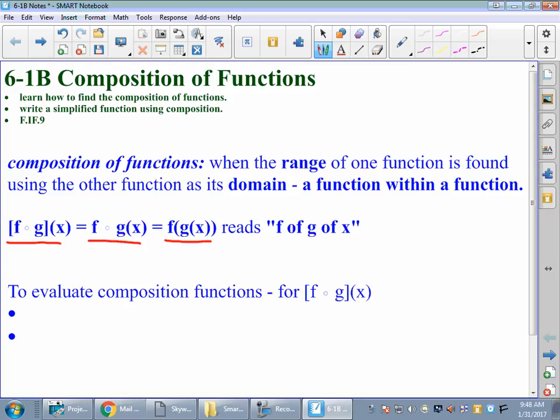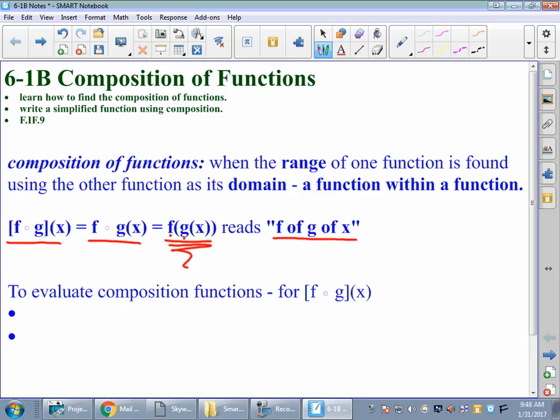So I get rid of the open circle altogether, and in that particular notation here, you can actually see that you're going to evaluate the f of x function in terms of the g of x. So you're plugging the g of x function into the f of x function. And how you read that is f of g of x.